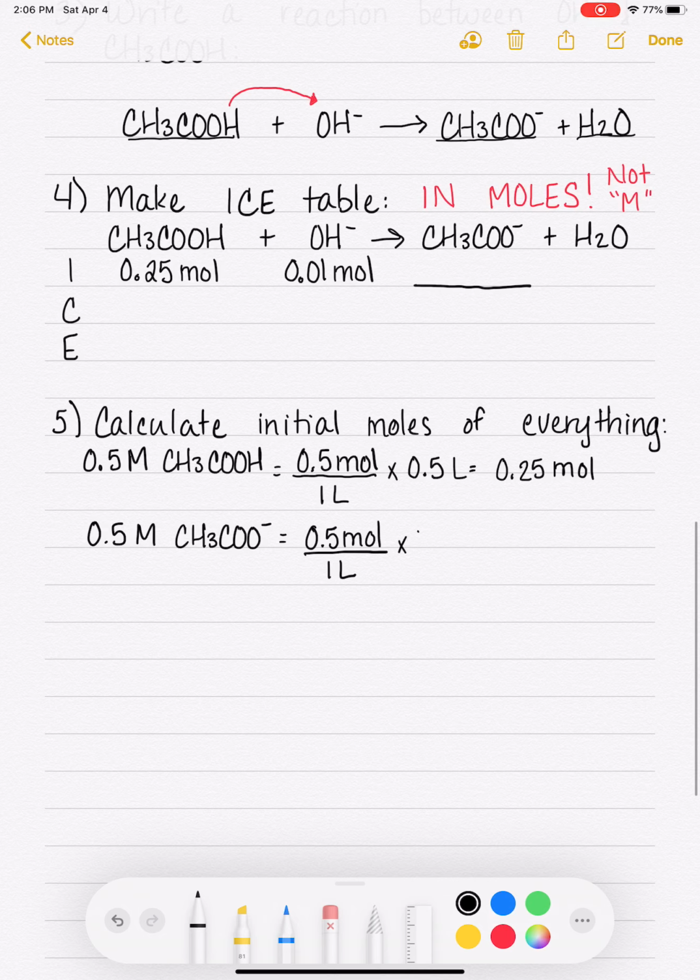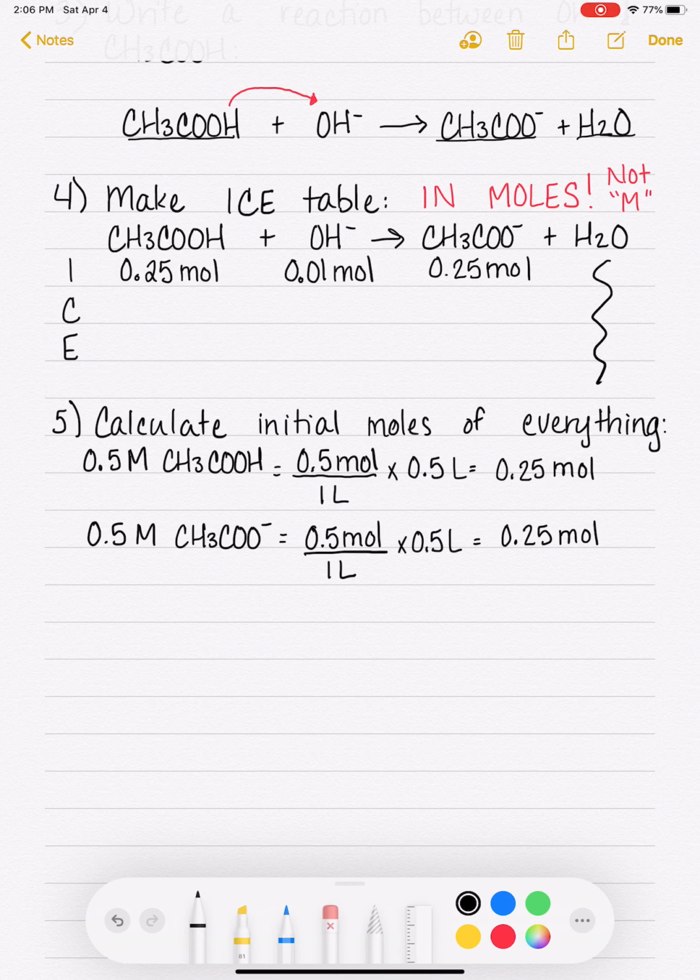And yes, we are using the same volume for both of these because they are mixed together in the same container, so they both have the exact same volume. So that's not a mistake, and it's not a weird thing associated with this problem. It's going to be the case with all your buffer problems. And like normal, we're always ignoring water in all of these equations.